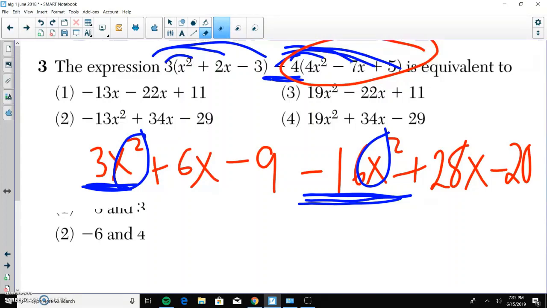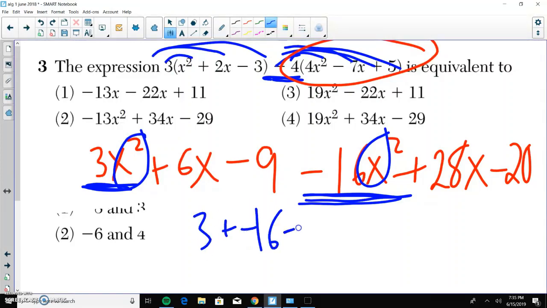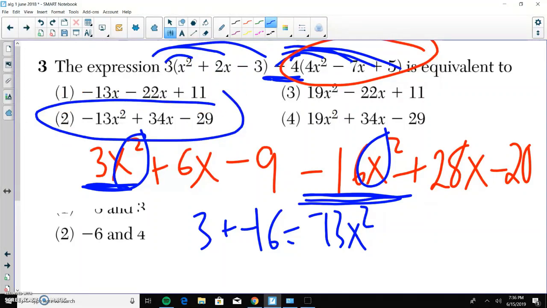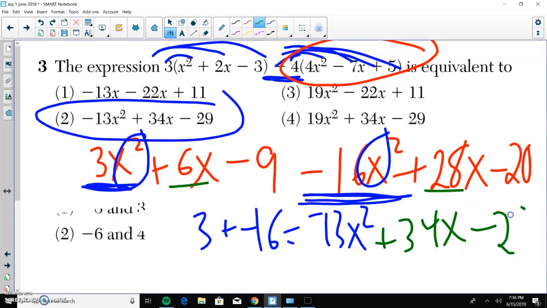So 3 plus negative 16 is negative 13, and don't forget the x squared. So now we know that the answer is going to be choice 2, but let's just see how we would do the rest. So 6 plus 28 is 34, don't forget the x, and negative 9 plus negative 20 is negative 29. That's why your answer is choice 2.